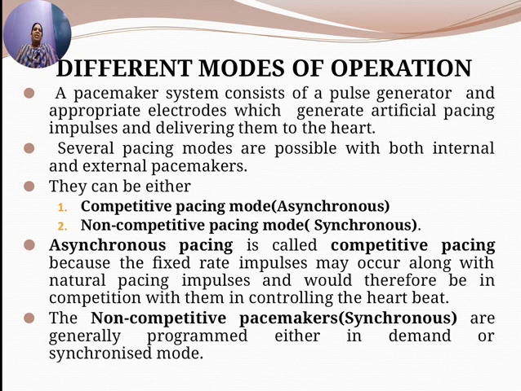It consists of a pulse generator and an appropriate electrode which generates artificial pacing impulses and delivers them to the heart. This is known as the pacemaker system, and it consists of a pulse generator and appropriate electrodes.